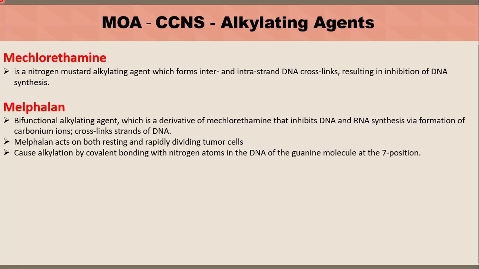Melphalan is a bifunctional alkylating agent, a derivative of mechlorethamine, that inhibits DNA and RNA synthesis via formation of carbonium ions that crosslink strands of DNA. Melphalan acts on both resting and rapidly dividing tumor cells. It causes alkylation by covalent bonding with nitrogen atoms in the DNA of the guanine molecule at the 7th position.